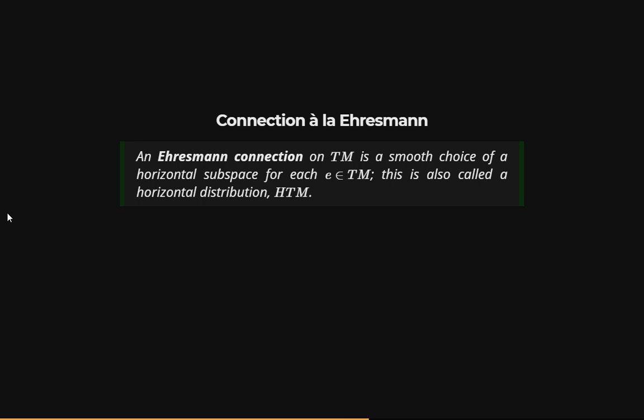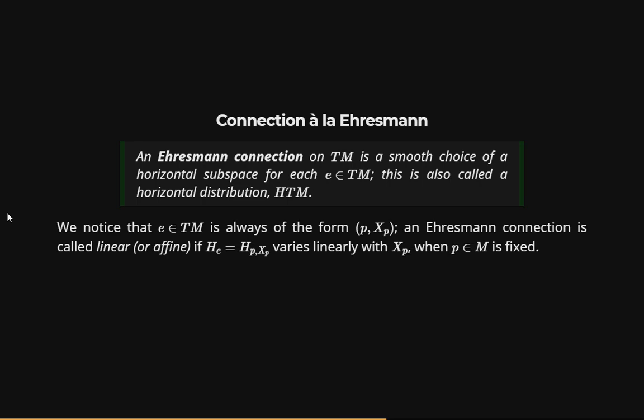So it depends on the point on the manifold and on the tangent vector to the manifold. And it has to depend smoothly on both. And this is called horizontal distribution, HTM. Now, a point in the tangent bundle is always of the form point of the manifold, tangent vector to the manifold.